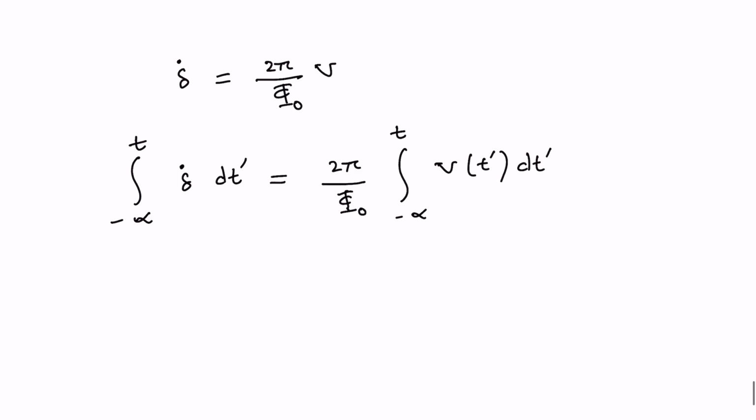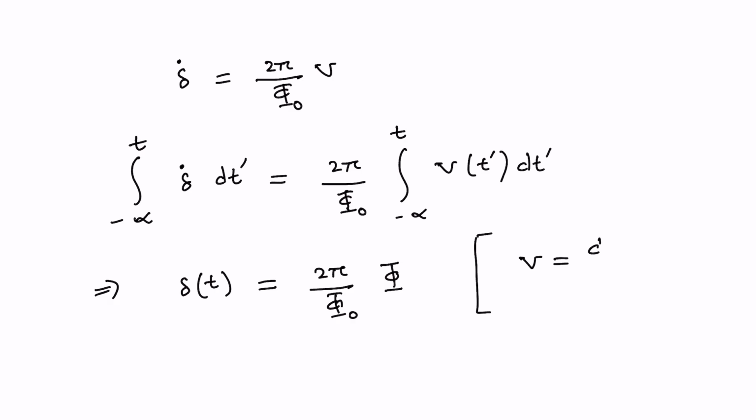Assuming that at time t equal to minus infinity the superconducting phase difference is 0, I have simply delta of t here, and here I have 2 pi by phi 0, and this integration is nothing but the magnetic flux, because if you recall, the voltage is nothing but the rate of change of the magnetic flux.